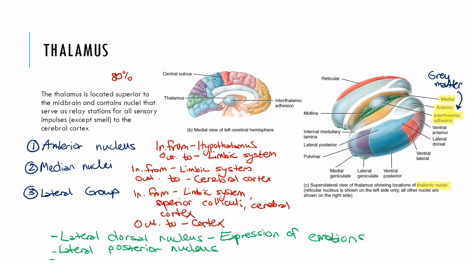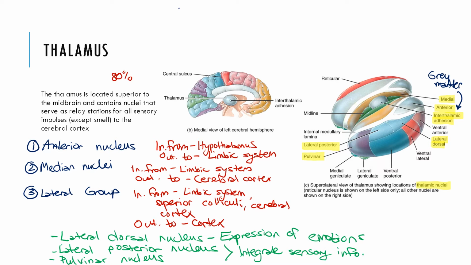We also have the pulvinar nucleus, which is part of this lateral group too. Both of these help to integrate sensory information. We can see these on the lateral side here: the lateral dorsal nucleus, the lateral posterior nucleus, and the pulvinar nucleus there. Those are part of the lateral group.